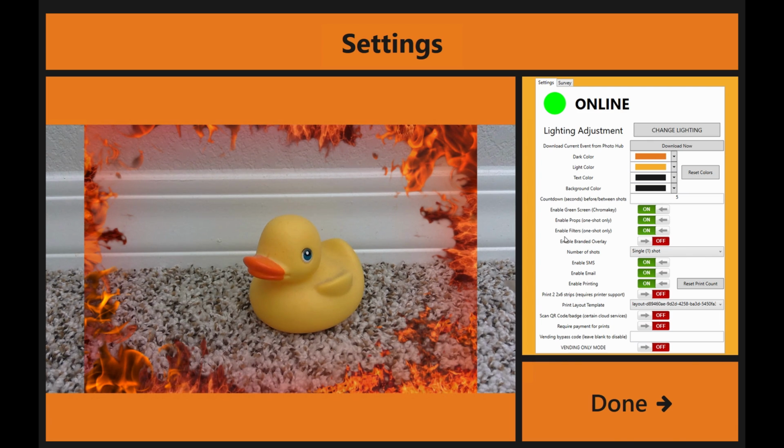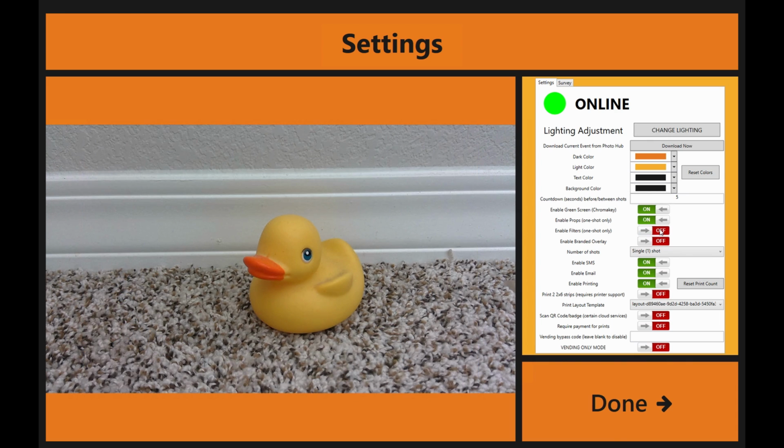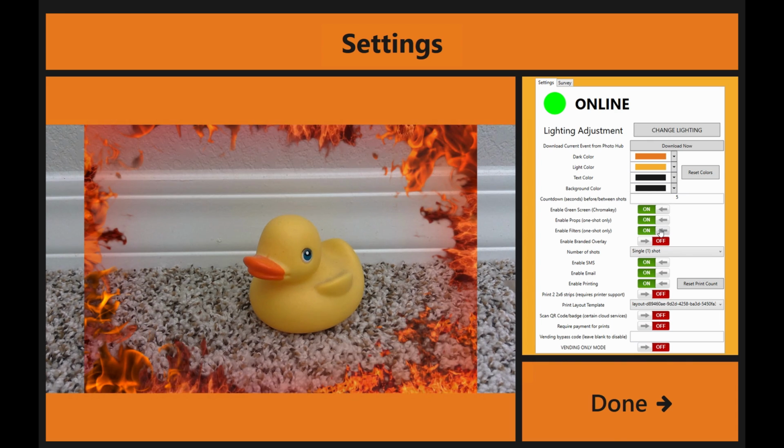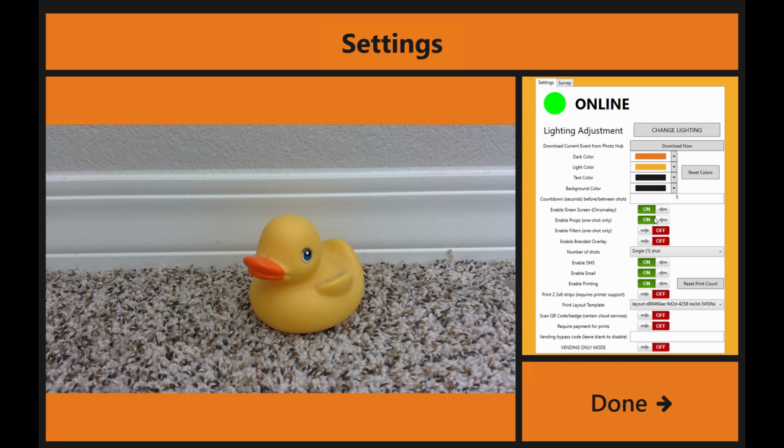So in this case, I have filters enabled, but I might not want them turned on. Maybe I do, I'm not sure. I'll start with them off. We have digital props that you can turn on and off. I'll leave them on so I can show exactly what those look like. I'm not using a green screen, so I'm going to turn that off. I just want to take a single shot, but there are multiple different options here.